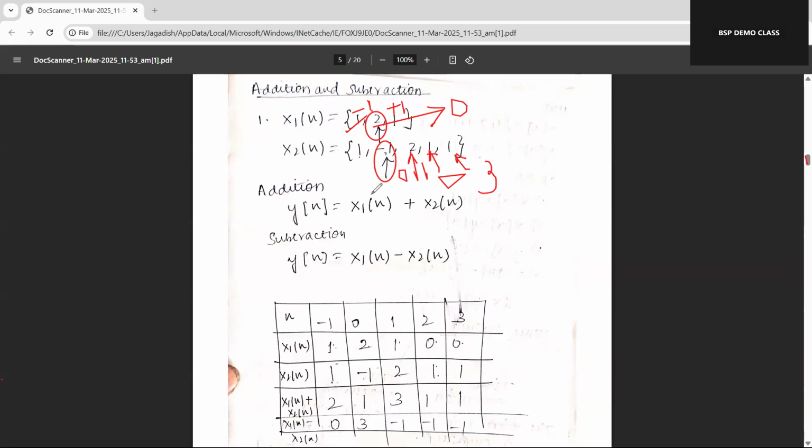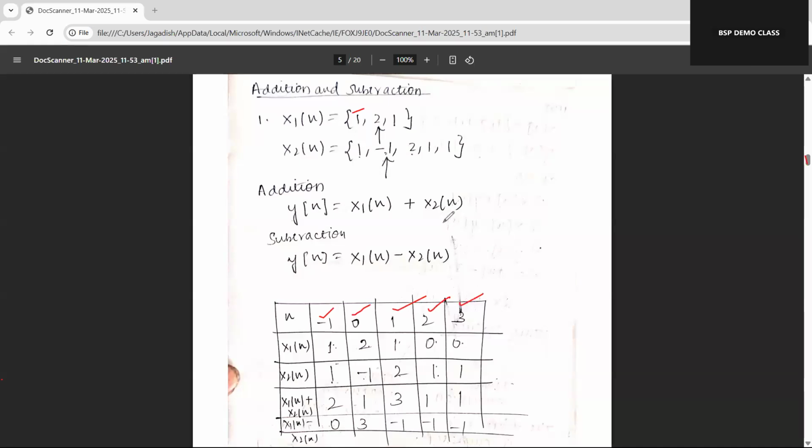They have asked you to find x1 of n plus x2 of n and x1 of n minus x2 of n. I already told you, it will start from minus 1, 0, 1, 2, 3.